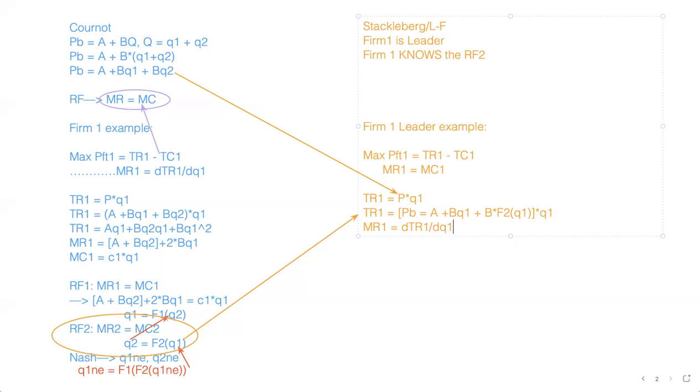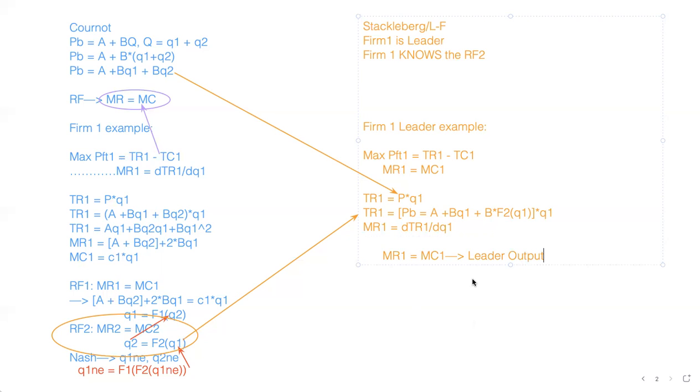And then you'll end up with an expression, and then you can find the solution, because we know the marginal cost of firm 1. So we set marginal revenue of firm 1 equal to the marginal cost of firm 1, and the solution to this is the leader's output.